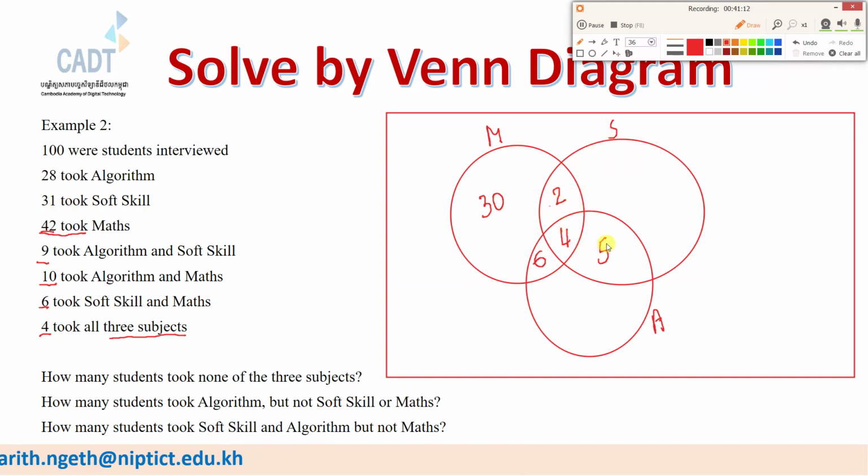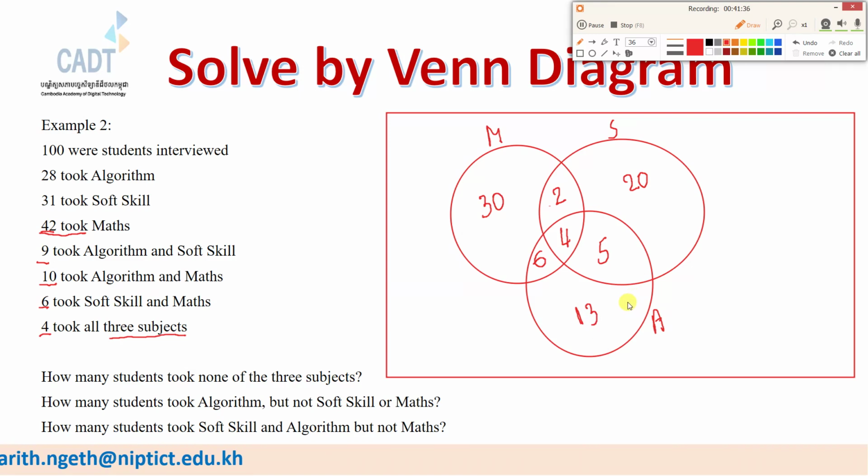Soft skill is 11. So 31 is 20. And about algorithm 28. This one is algorithm. 4, 10, 15. 15 and 28 is 13. So this is only algorithm.